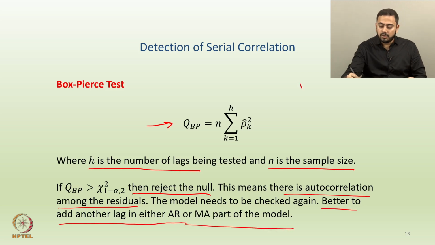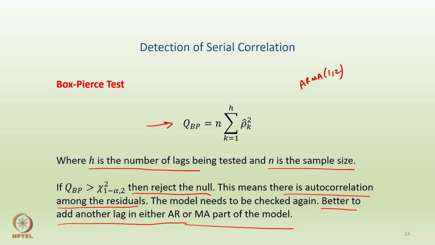So let's say initially you propose this ARMA(1,2) model using information criteria or whatever technique, then you estimate the model, and then you come to the diagnostic checking framework and apply this Box-Pierce test. And you find out that there is indeed some serial autocorrelation problem among the errors of this model. Then what should you do?